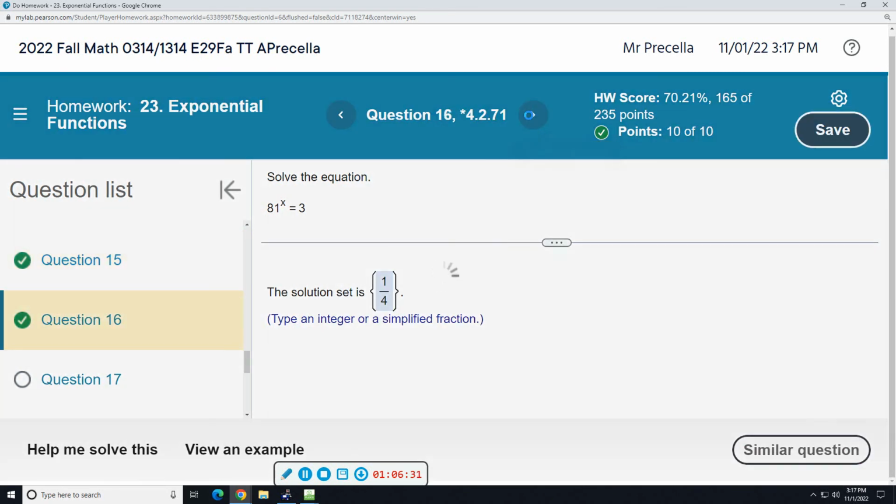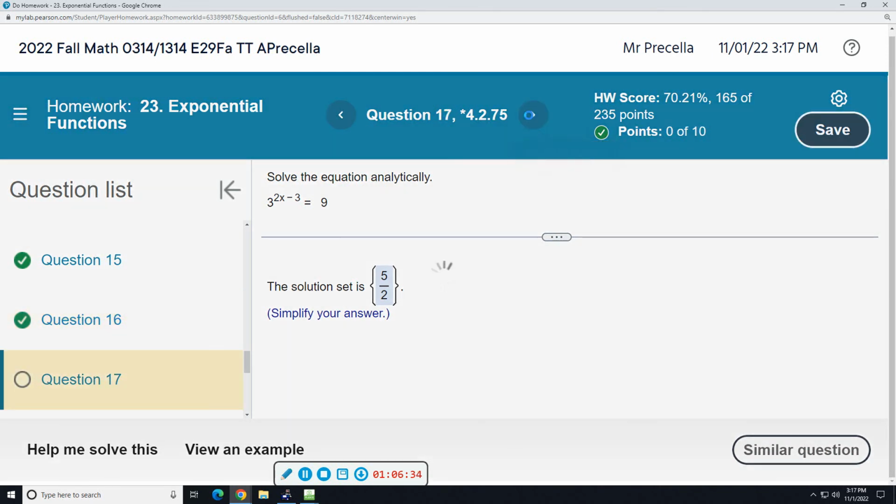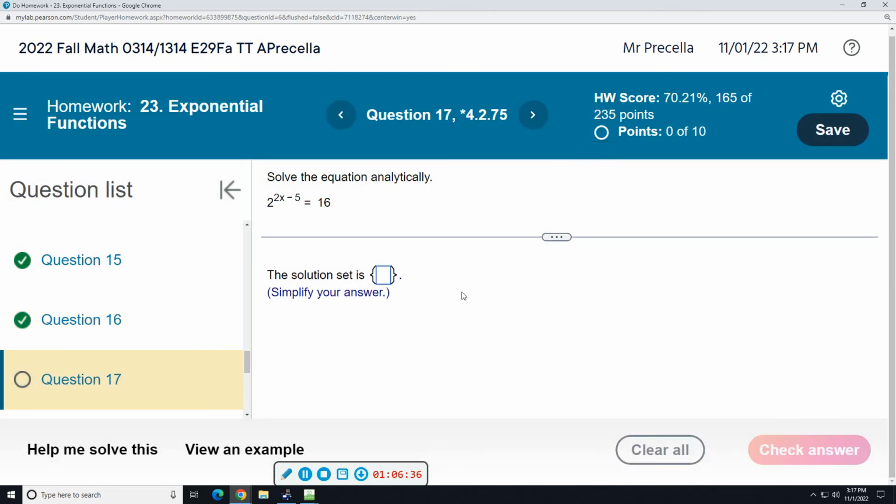16 we've done. Let's do 17. It says 2 to the 2x minus 5 power equals 16.